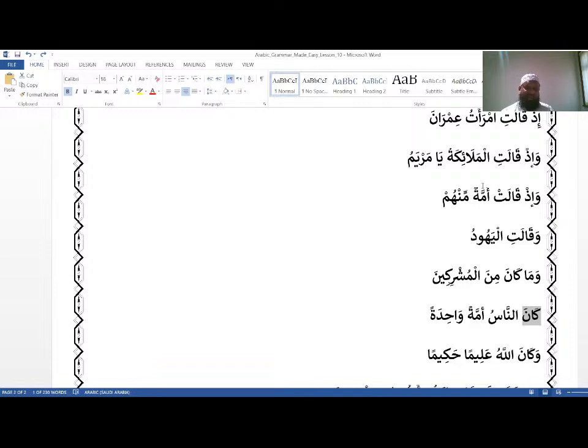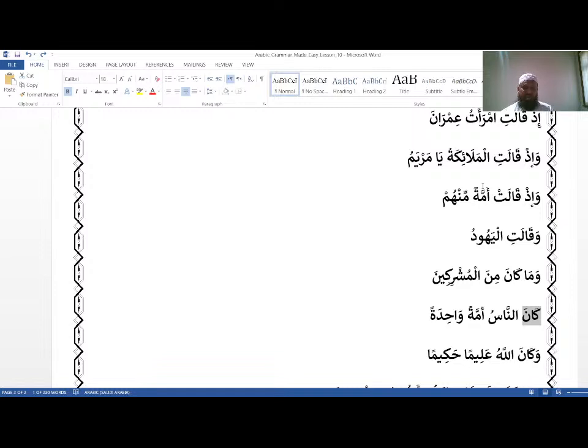So is حكيما describing عليما? No. So حكيما is a second khabar of kana. The first khabar is aliman, halatul nasb. Hakiman is the second khabar, giving us two pieces of information about Allah.